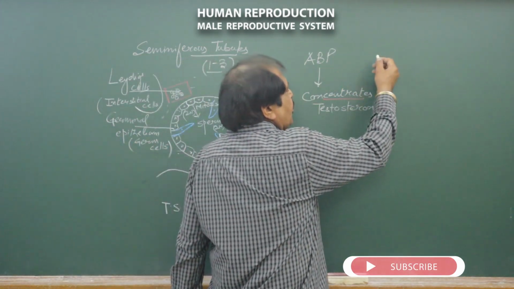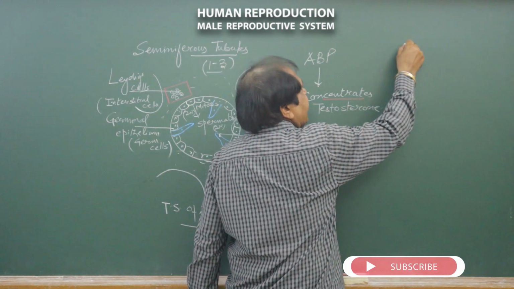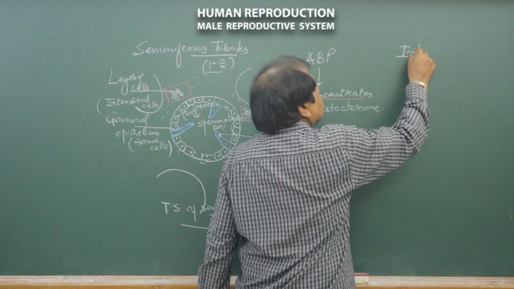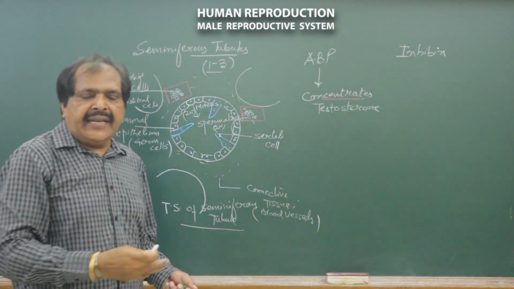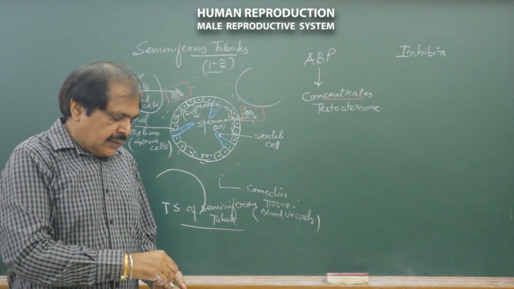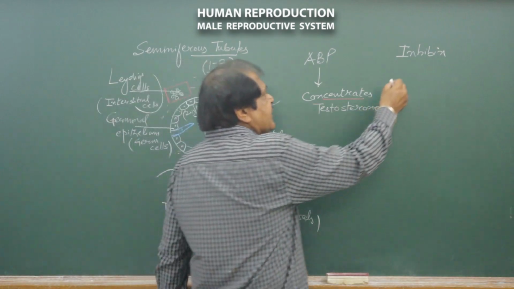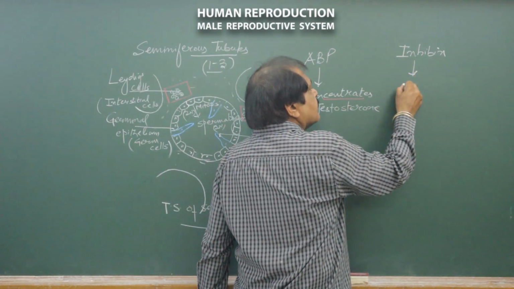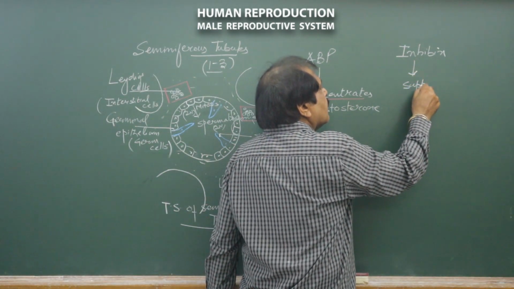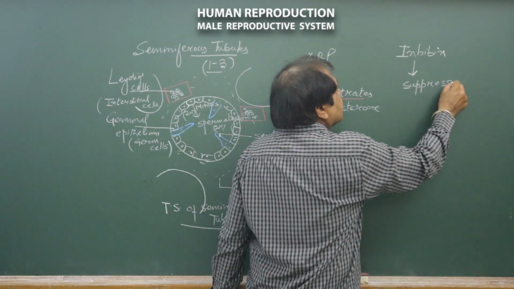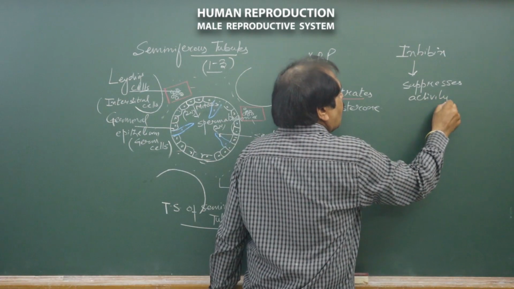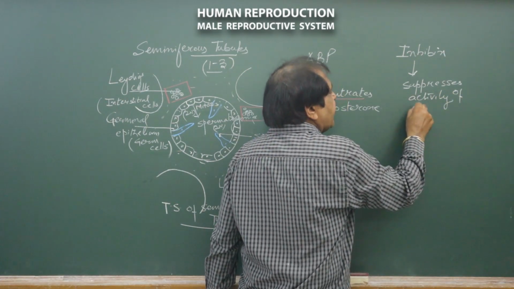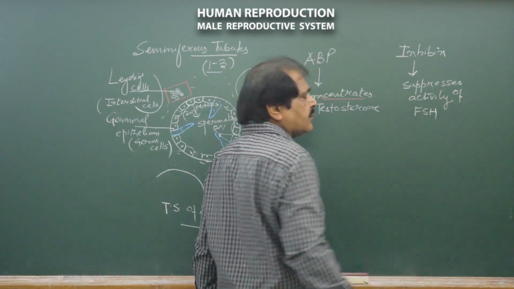And second, I told you about the inhibin. It is also a protein. Inhibin means it inhibits. What does it inhibit? It suppresses the activity of follicle stimulating hormone.